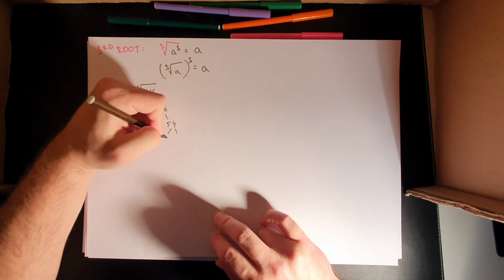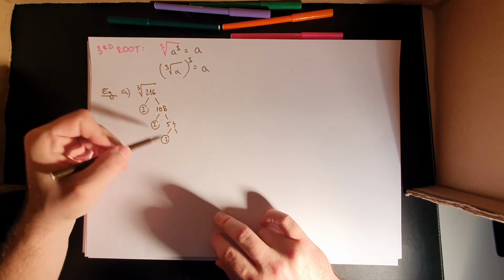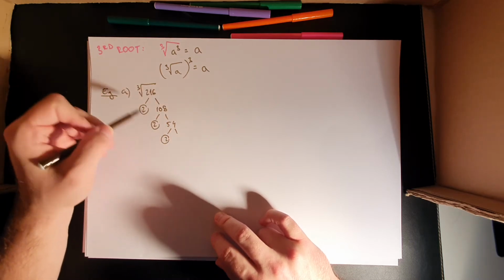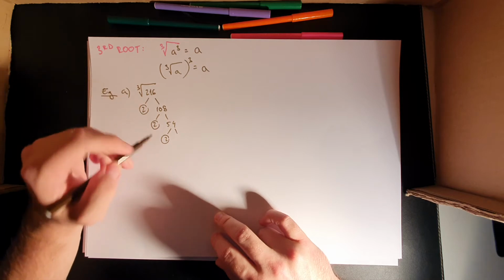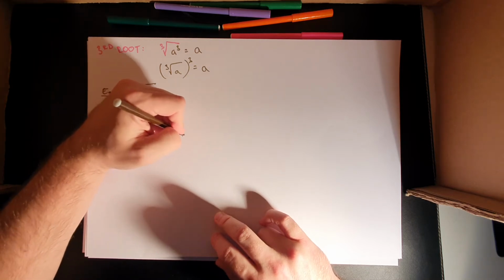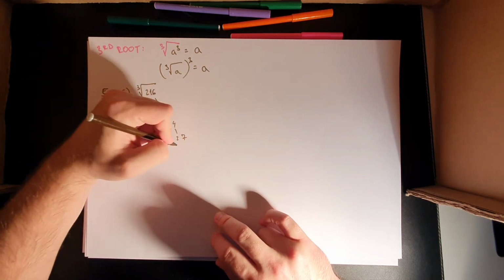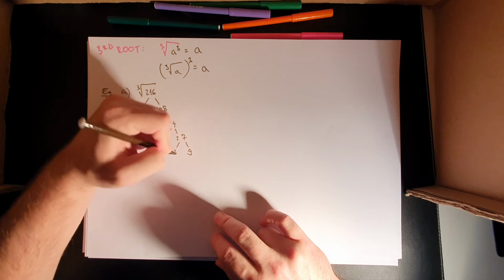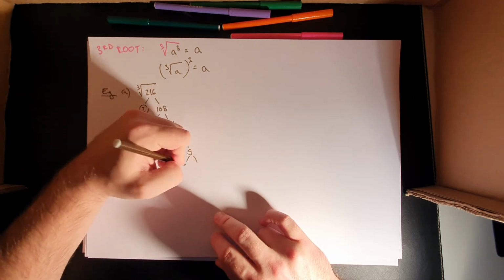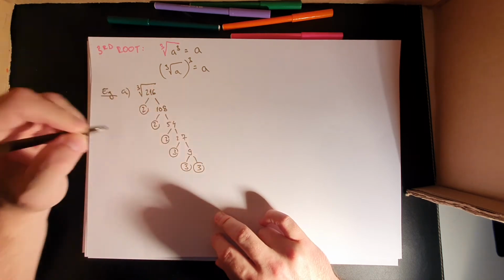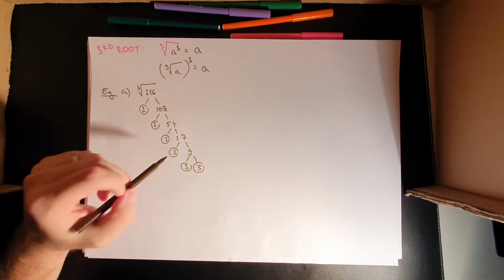I can still continue with 2. Oh, we already have three 2s. So this is going to be 27. Now, it's going to be 3 times 9. 3 is a prime, 3, 3, and there we go. We got all the primes: 2, 2, 2, 3, 3, 3.